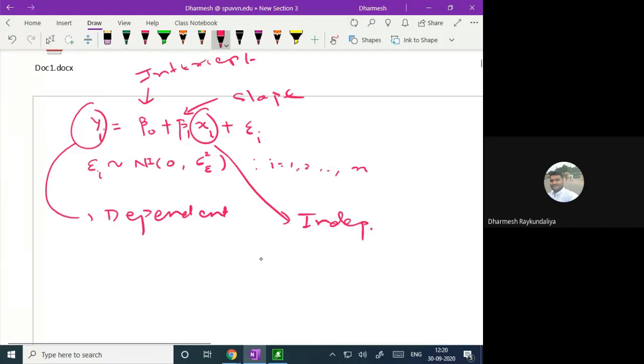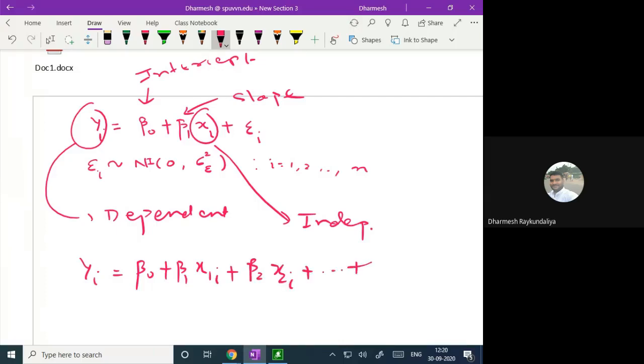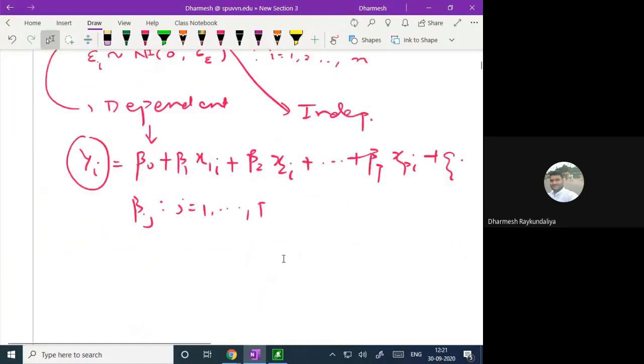If you add more regressors, let us say beta 0 plus beta 1 x1i plus beta 2 x2i up to beta p xpi plus epsilon i, where yi is the dependent variable, beta 0 is the intercept, and beta j, j running from 1 to p, are said to be partial regression coefficients. X1, x2, xp are nothing but the regressors.